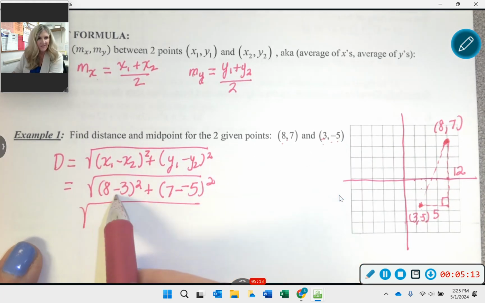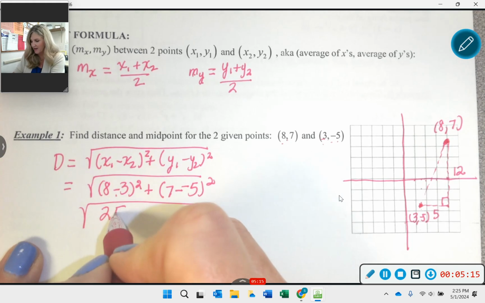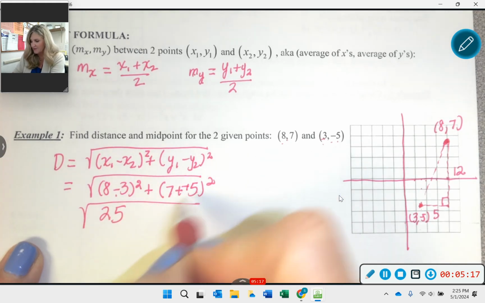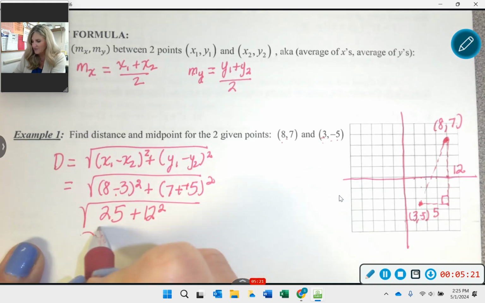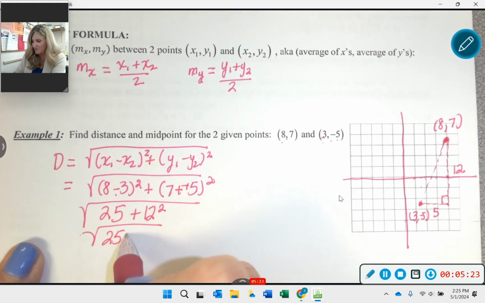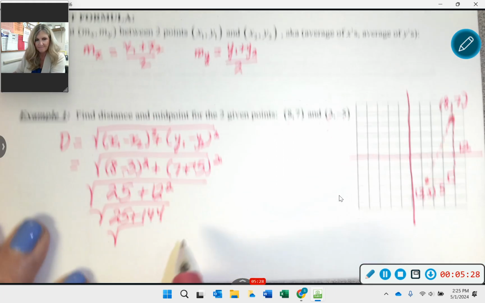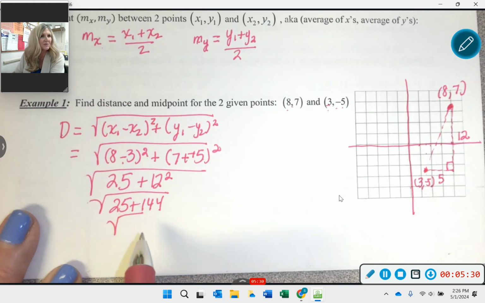Well, that's going to give me 5 squared is 25. 7 plus 5 squared is 12 squared. So now I'm going to have 25 plus 144. What's 25 plus 144?